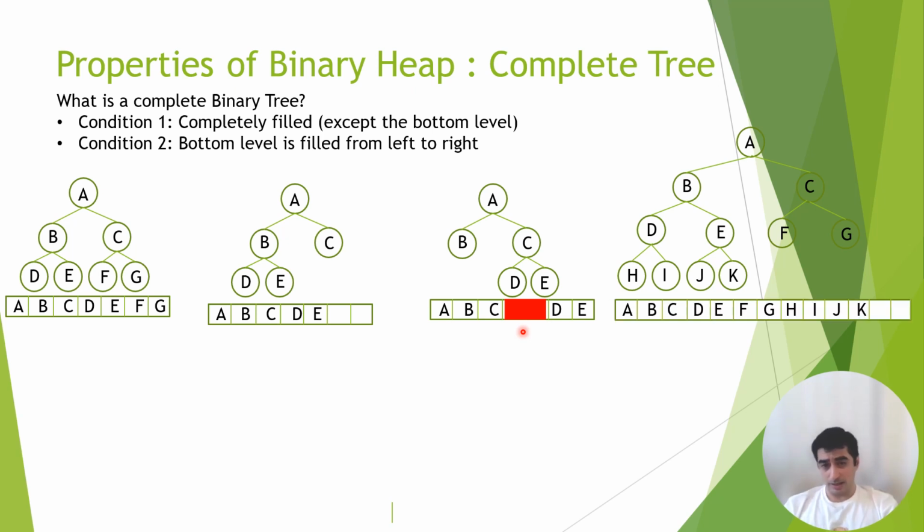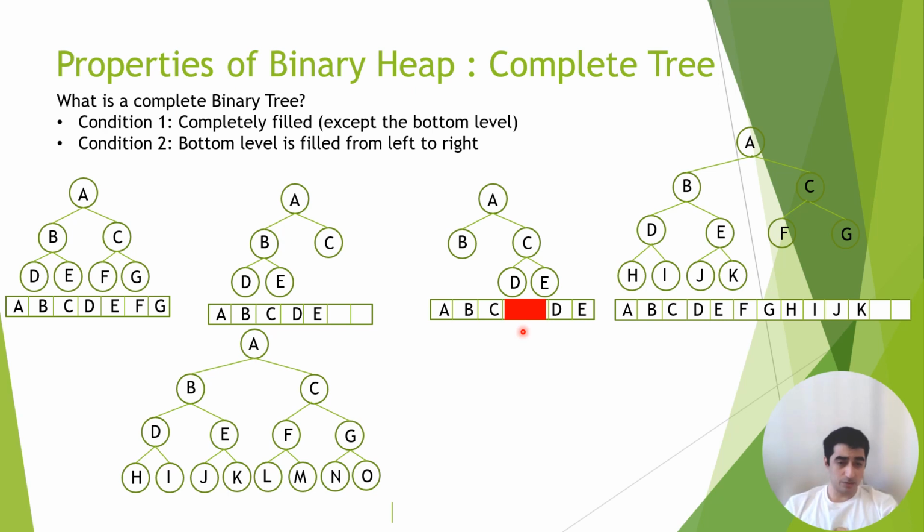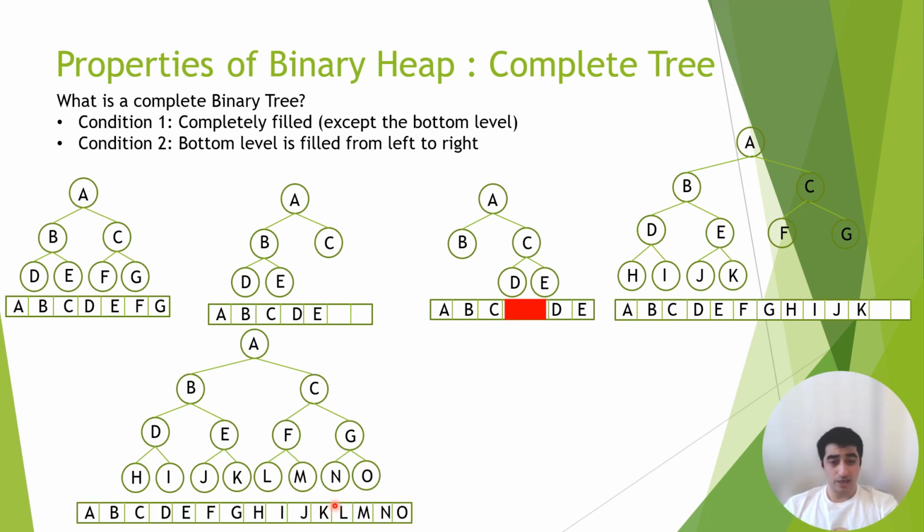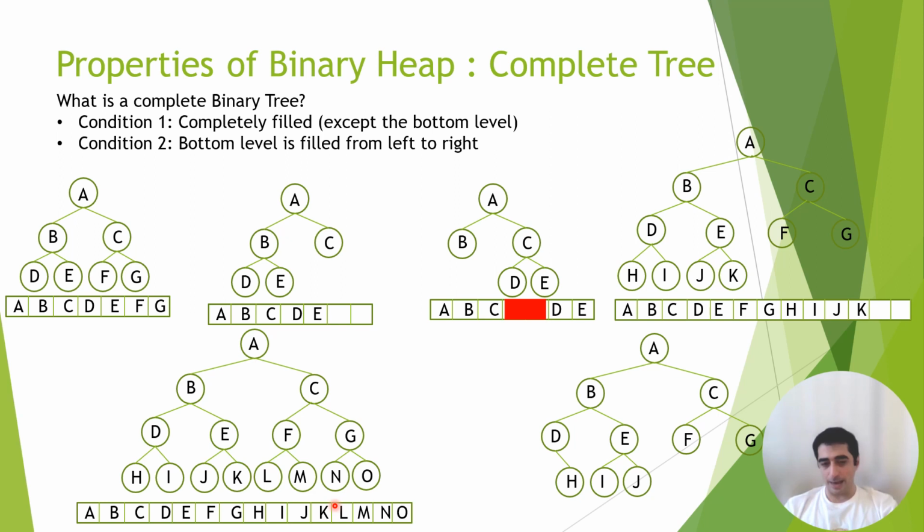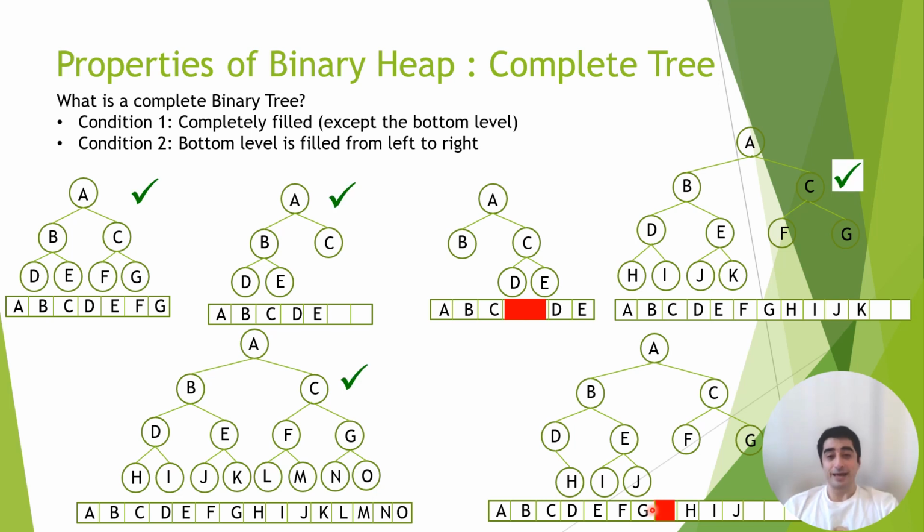This is a complete binary tree, and the array representation has no gap. This one is a complete binary tree, and its linear representation does not contain gaps. This one is not a complete binary tree, and therefore its linear representation does contain a gap.